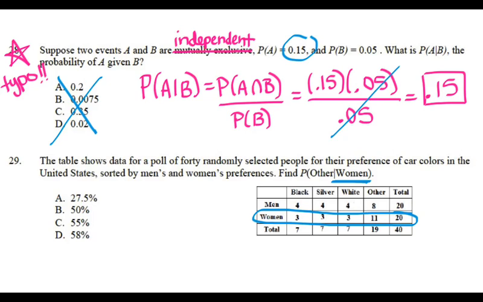Now out of those 20 women, the ones that prefer other was 11. So your probability is going to be 11 out of the 20, which you can see your answer choices are percents, so I'm going to divide that. So that's going to give you 55%. So your answer for that is C.